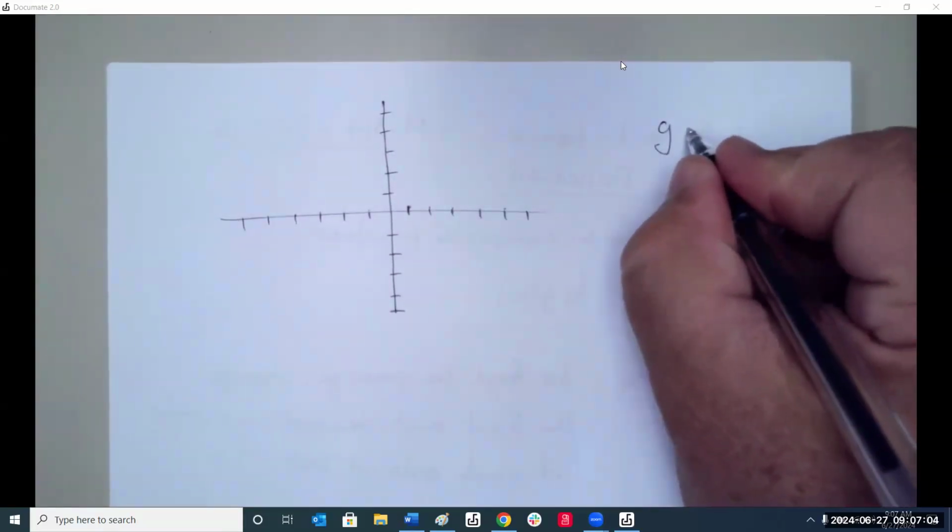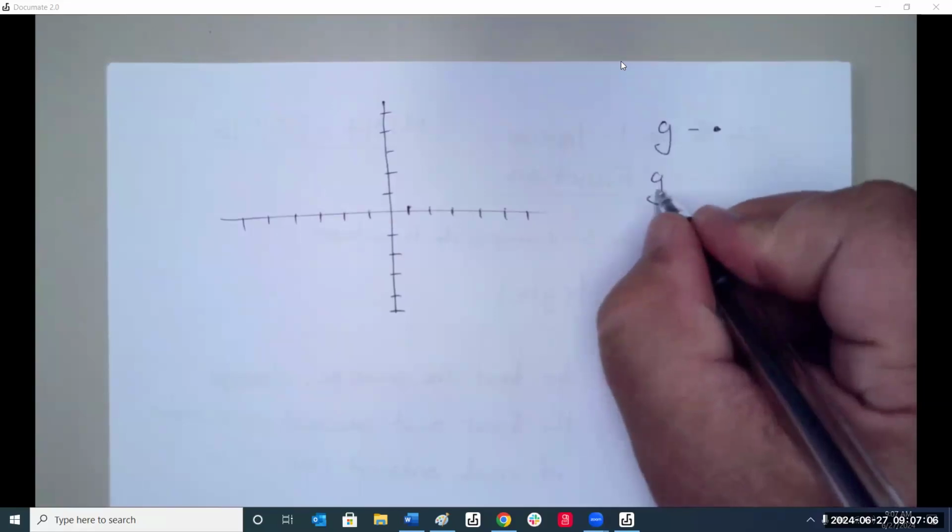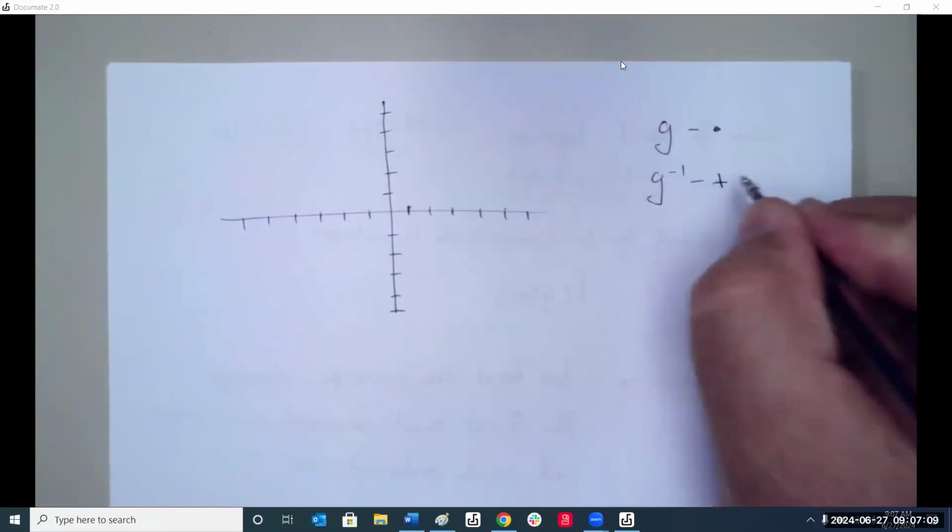For G, I'm going to use dots, and for the inverse, I'm going to use plus marks.